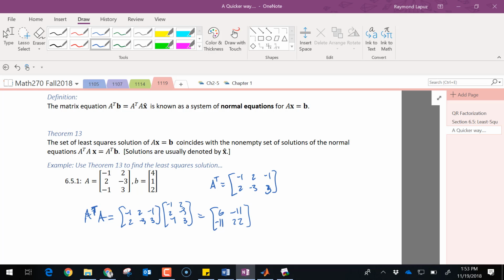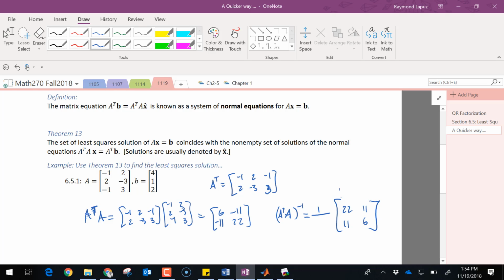So we have A transpose times A. We need the inverse of that, A transpose A inverse. Now this is a 2 by 2 matrix, so we know the inverse of a 2 by 2, right? It's 1 over the determinant times the matrix where we switch the diagonals and negate the wings.